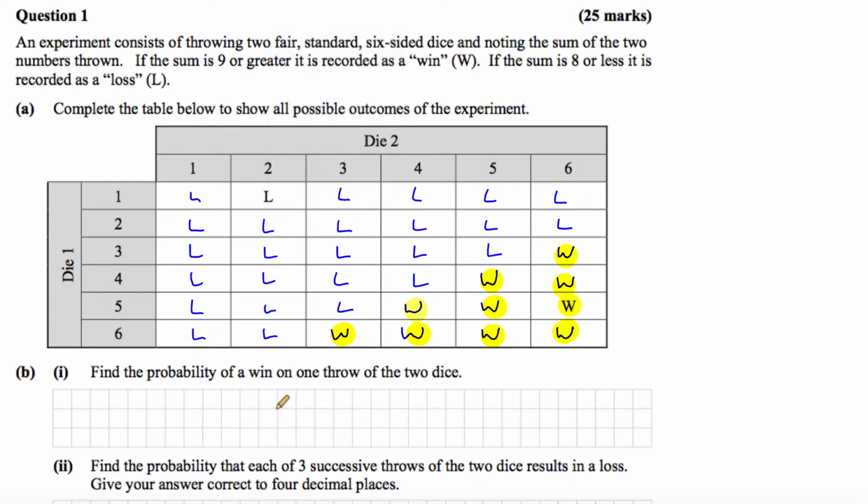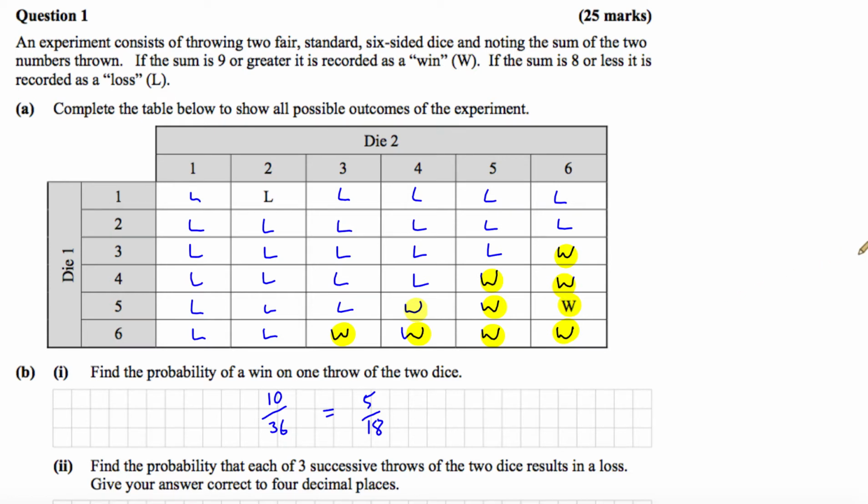So the probability of a win on one throw of the two dice is 10 possible wins out of a total of 36 outcomes. So 10 over 36. And that simplifies on the calculator, or in your head, as 5 over 18. So that's B part 1.